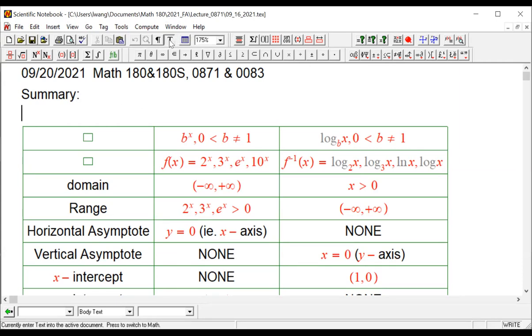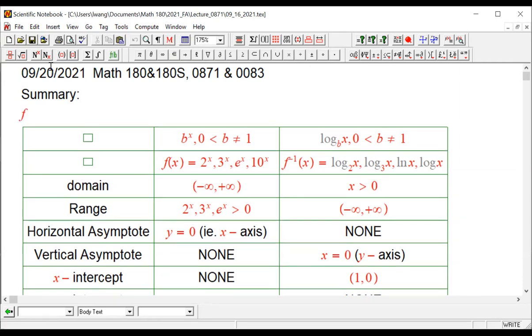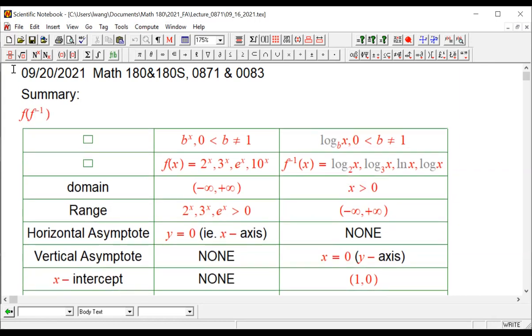They all satisfy this relationship: f of f inverse of x equals x. The axes here are the inverse functions, which are the log functions. So x must be from the domain of f inverse, so this will be true for x larger than 0.